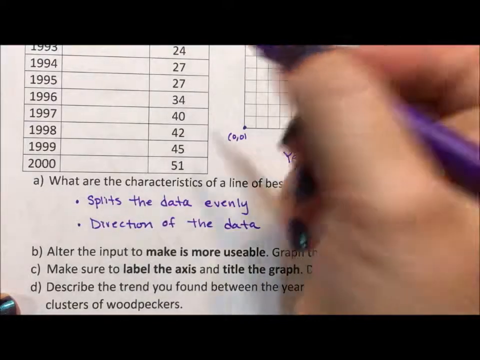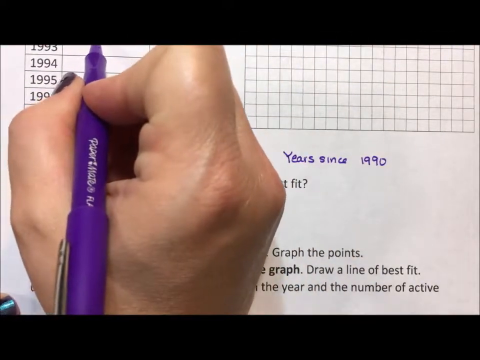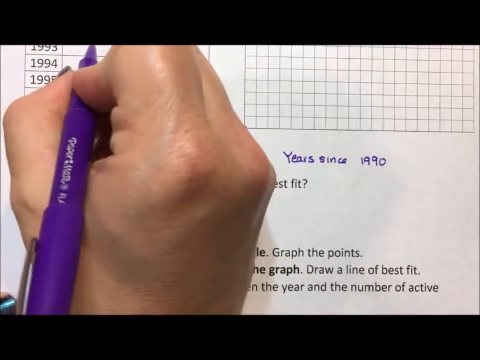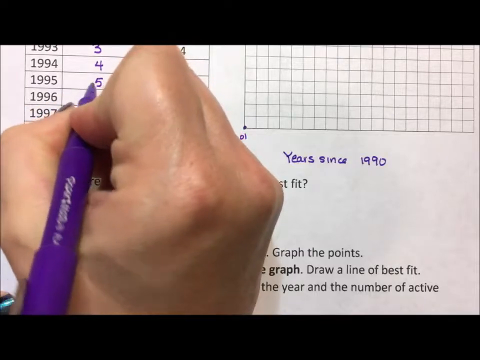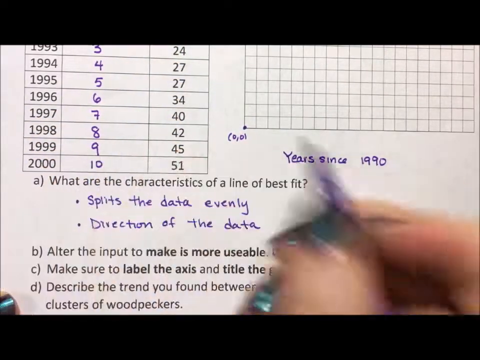And when you see the ordered pair 2, 22, you translate the 2 to 1992, not 2 years since 1990. Nobody talks like that. And 1993 and 1994 and so on and so forth, so that our input is more usable.